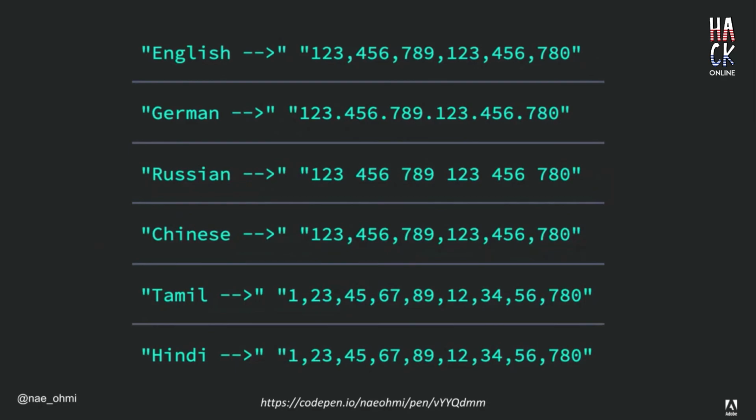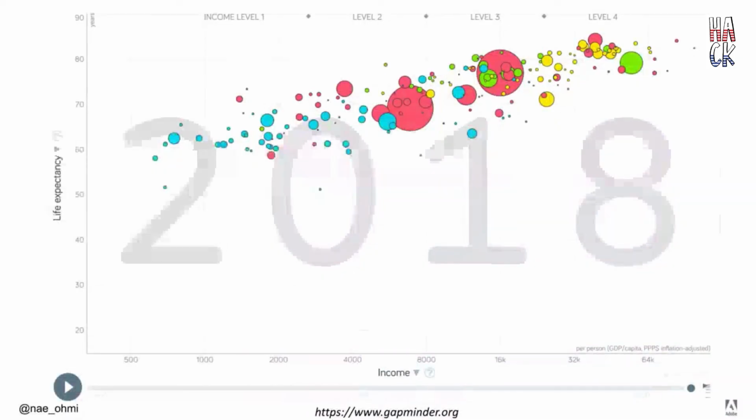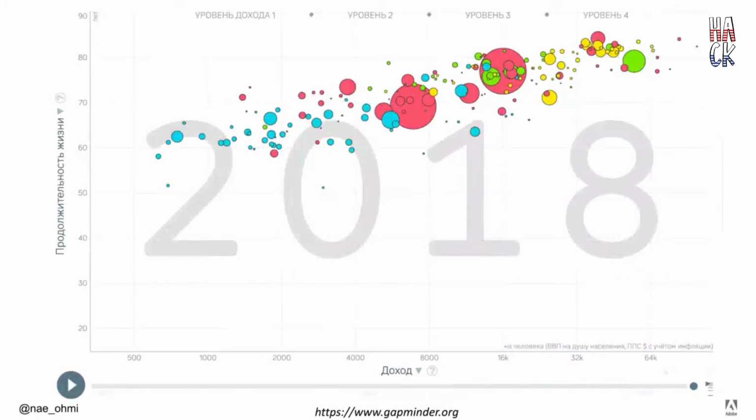But then in a lot of data visualizations, like this example from Gapminder, we can see a long number, right? So if we look at the axes here circled, when we translate the Gapminder visualization into Russian, I've highlighted in red on the axis that this long number of 16,000 and 32,000 are shortened with a K for 1,000, which is what we do in English.